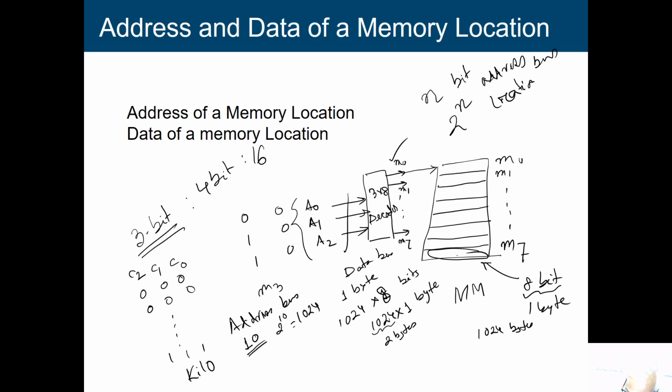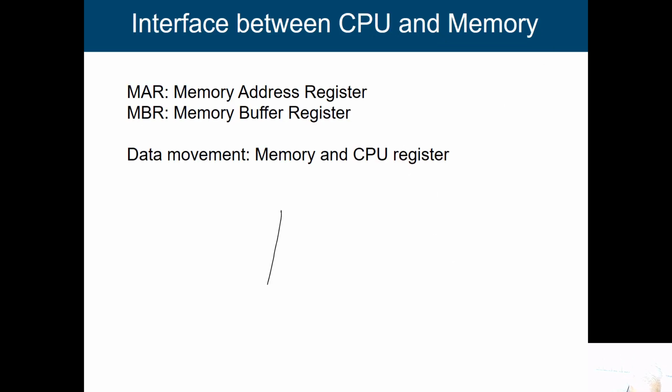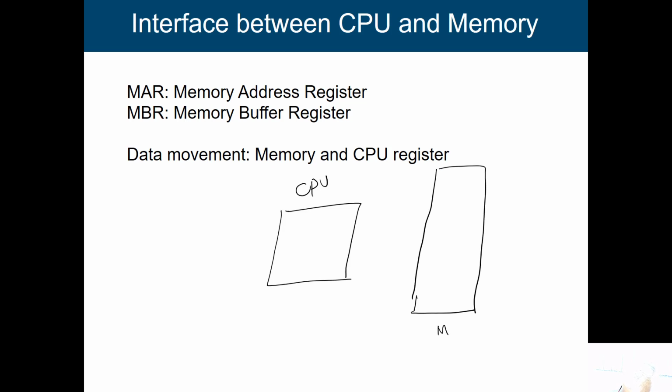So, what is the purpose of these registers? Say I have this particular CPU and this main memory, and I have these two registers, MAR and MBR.